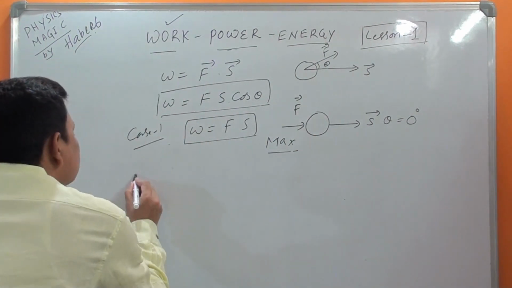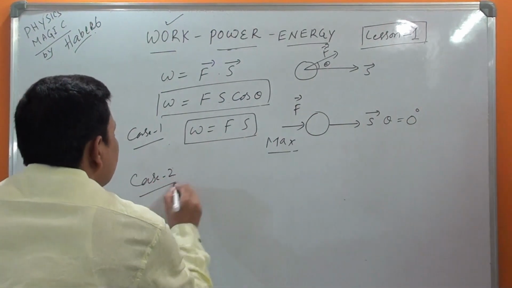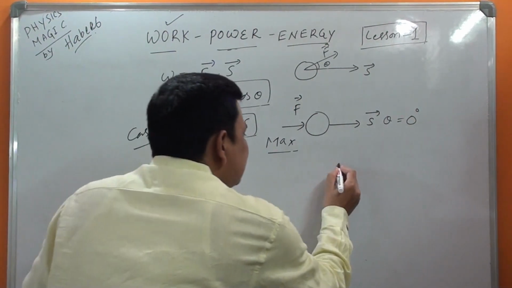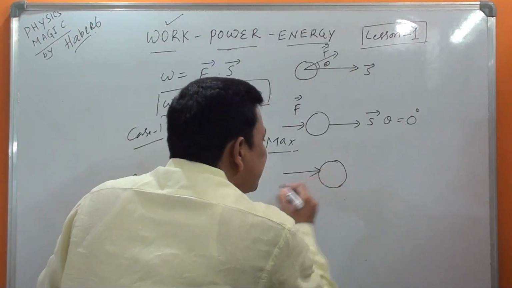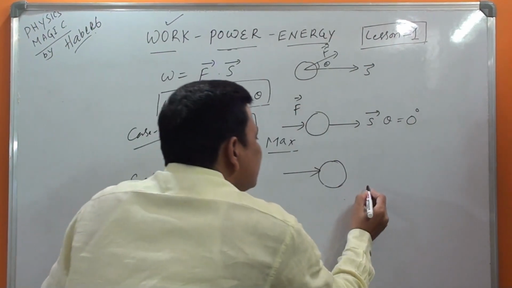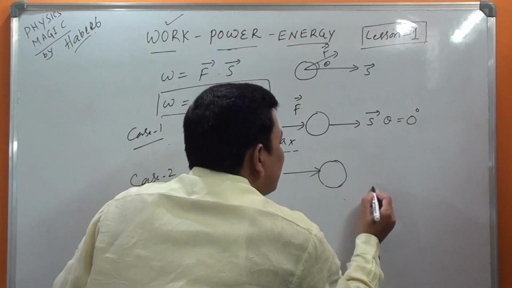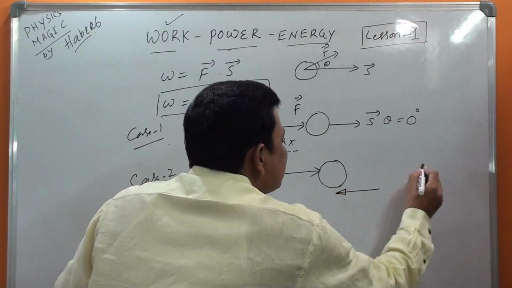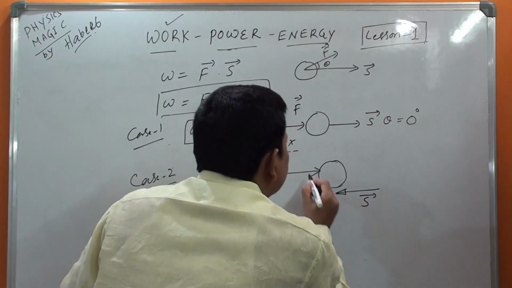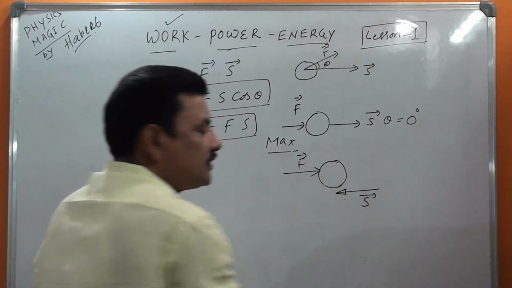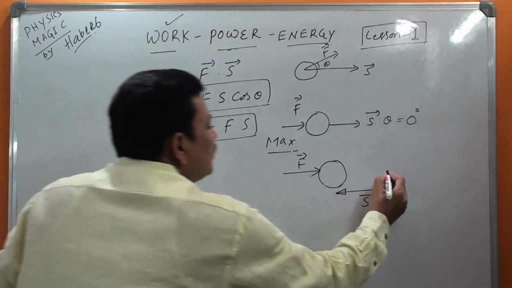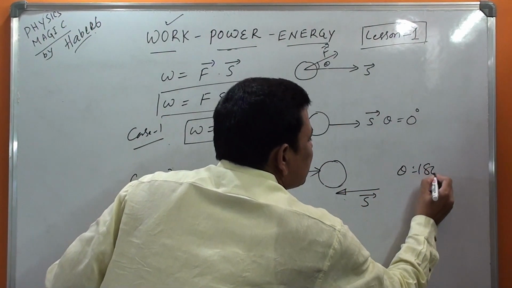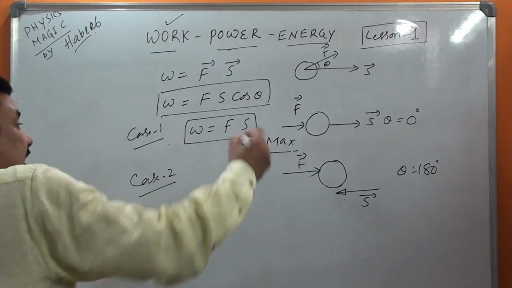Then case 2. In this case the body will be the same, the force will be the same, but let us suppose that because of the application of the force, instead of going in this direction, it is coming back like that. I will give some examples also. In this case theta is equal to 180 degrees.